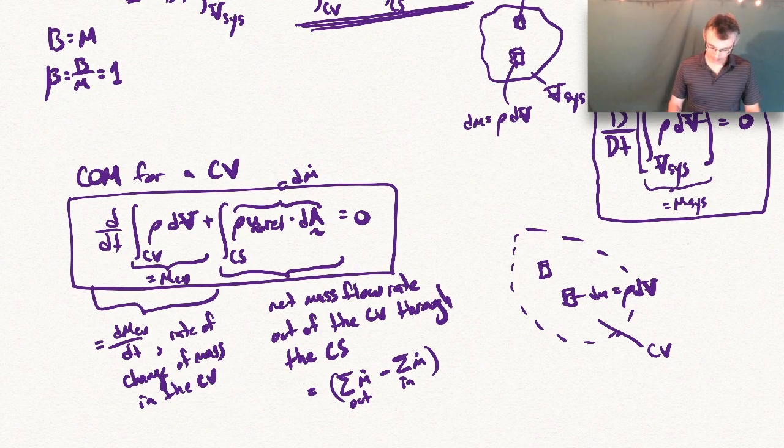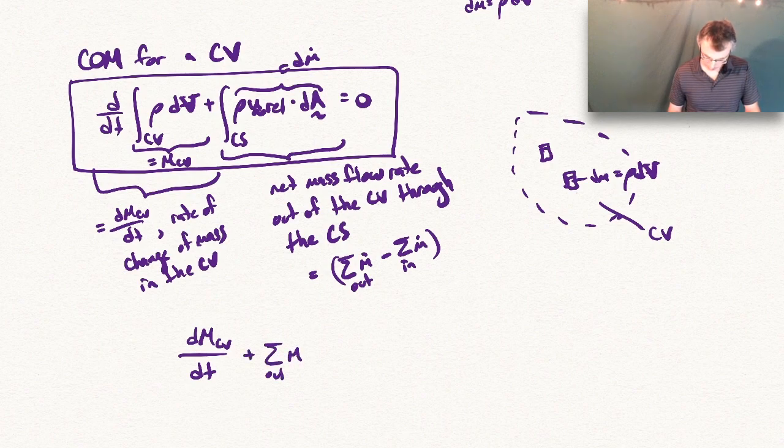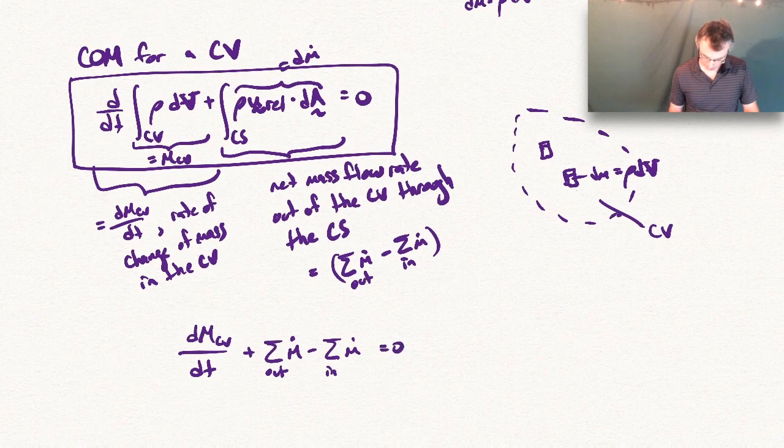Let me rewrite it in a more algebraic form, just so that you're convinced it makes sense. I'm going to write it first just the same way that I have it in the box up above, but let me move some terms around.